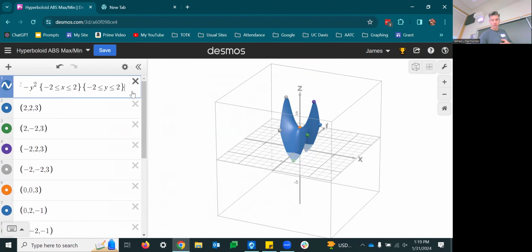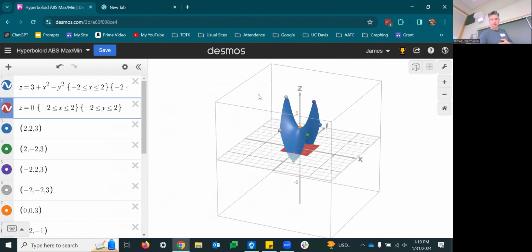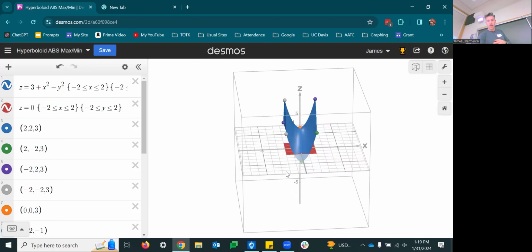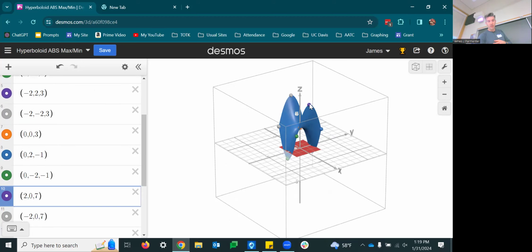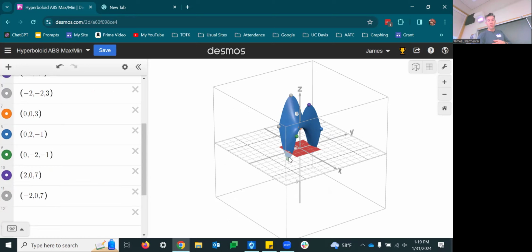This surface is sitting over still the same square, x between -2 and 2, y between -2 and 2. But now we have an absolute maximum, 2 of them actually: that point right there, when x is 2, y is 0, and z is 7, and that point right there, when x is -2, y is 0, and z is 7.